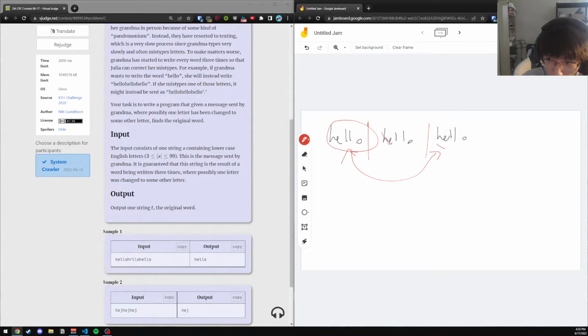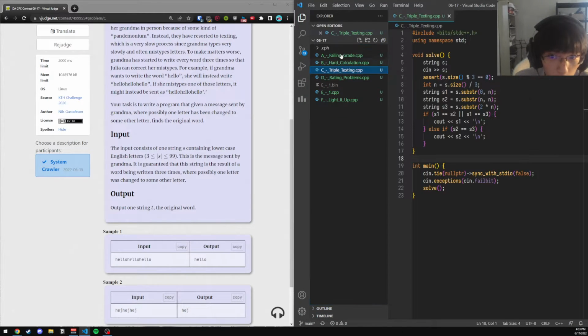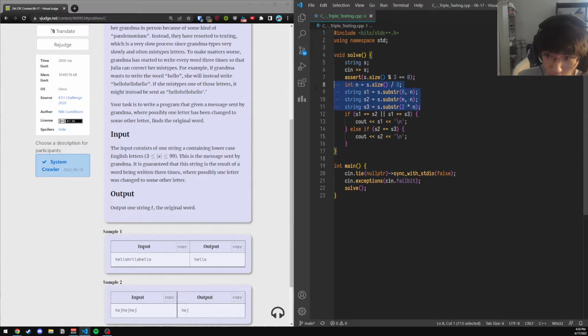So if you can split it into 3 strings and do some comparisons, then let's say this O is a different character, and then this and this are the same. So we can take this string and print this out. The most important part is to split it into 3 strings.